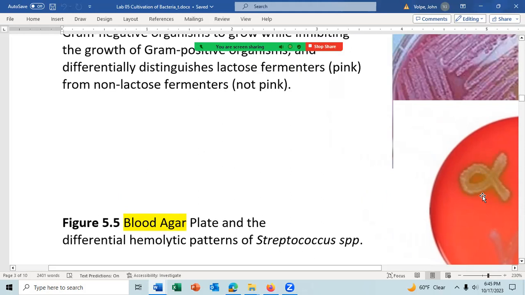That darkening sometimes can look greenish. In this case, it looks dark, and that is from partial hemolysis of the red blood cells. It's best seen inside the alpha, where it's darker than out here. But there is a dark ring surrounding the alpha. It's a thin ring, but it is partial hemolysis, and this is called alpha hemolysis.